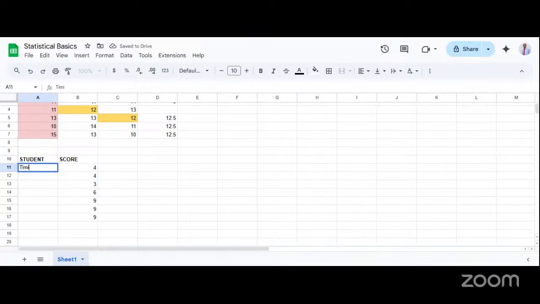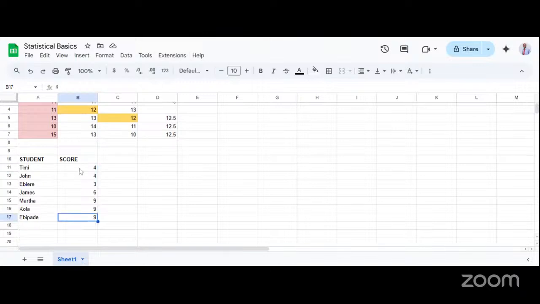So this person is one student, then this person is another student, and another, and another, and another, and another. So at this point we have seven students here, and these are their scores.